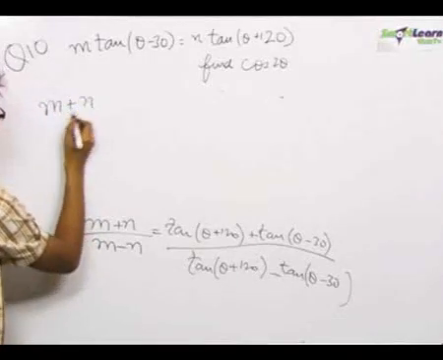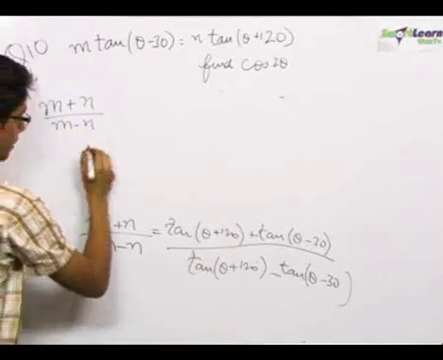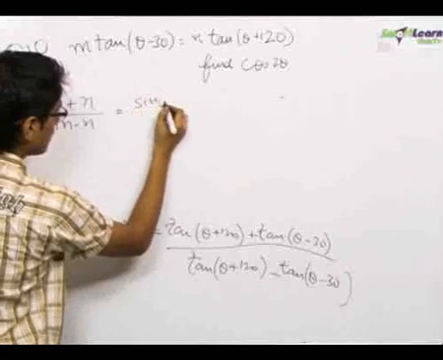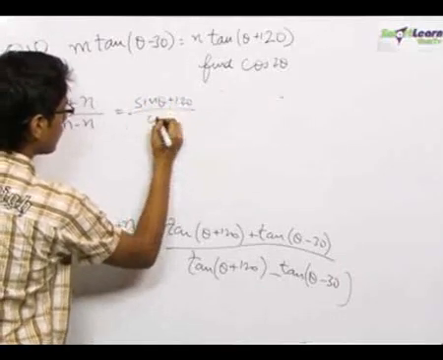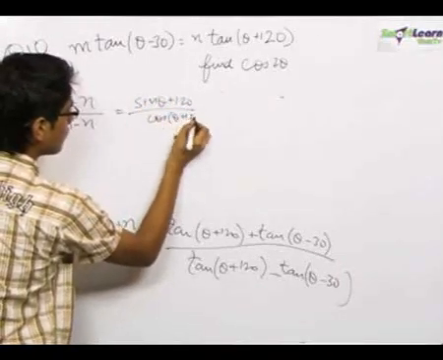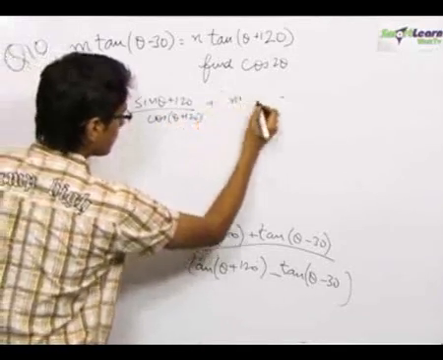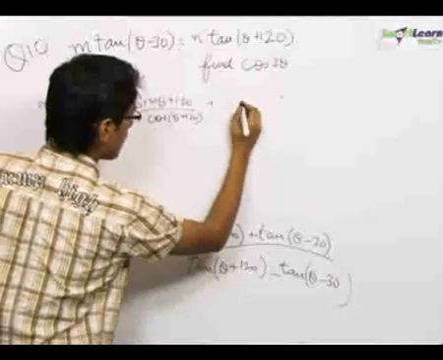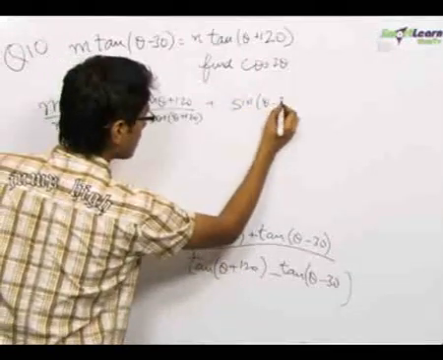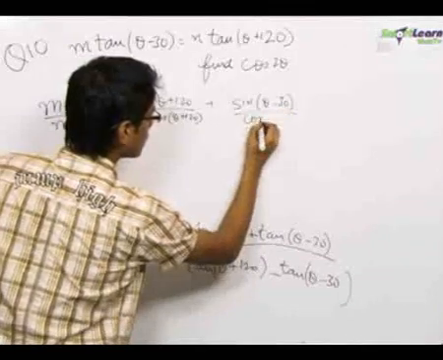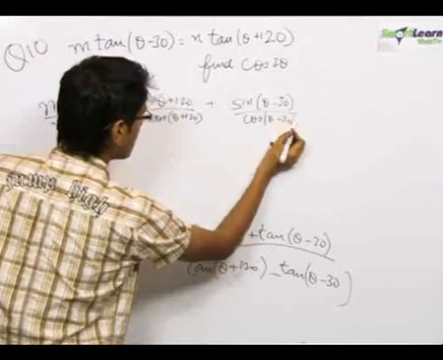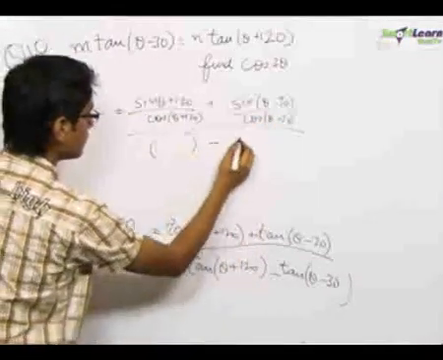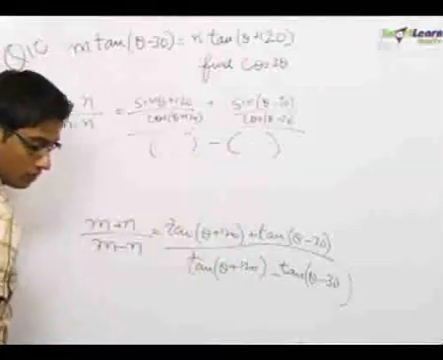Now we can convert this tan into simple cos and sine. This becomes sine of theta plus 120 upon cos of theta plus 120 plus sine of theta minus 30 upon cos of theta minus 30. Similarly, the denominator.